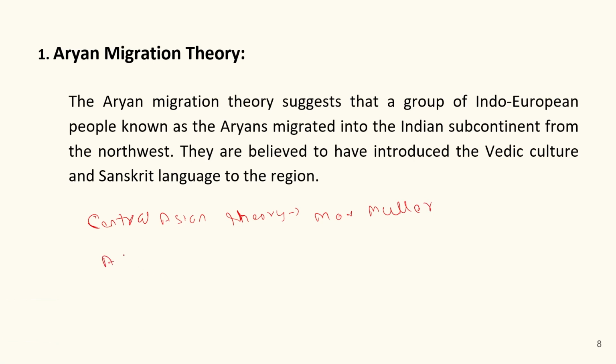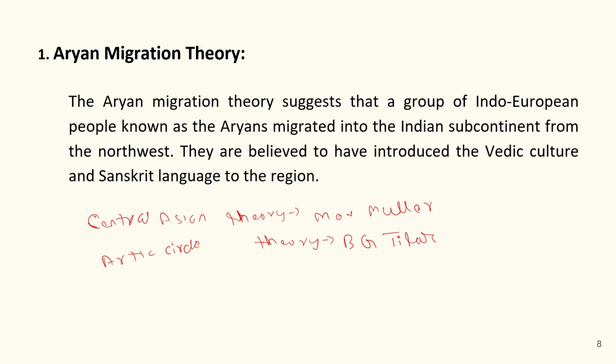Second is the Arctic circle theory, given by B.G. Tilak. Okay, let me write it clearly. Arctic circle theory. Okay. So what were these theories?